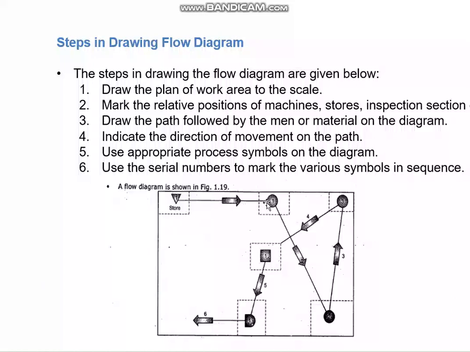If you know the distance from here to here, and the scale also, and multiply by the scale factor, you'll be able to find out the exact distance between these two points.